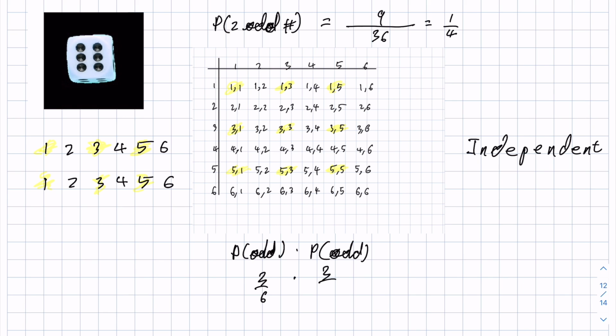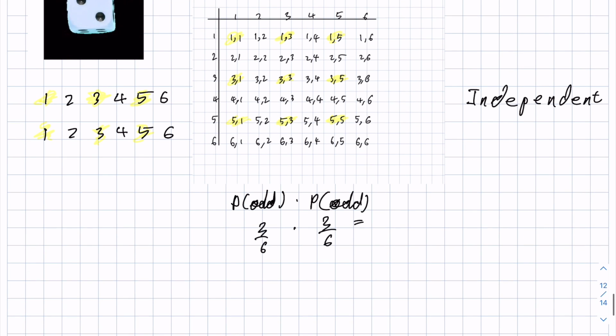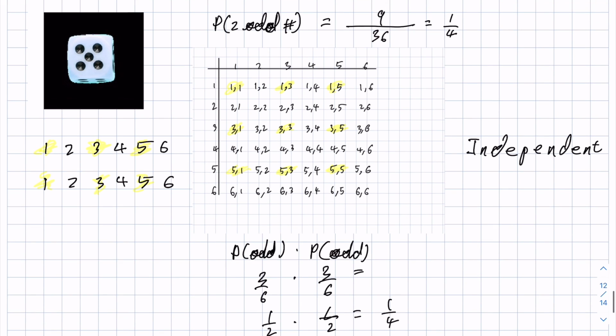So that's also 3 over 6. So 3 over 6 is 1/2, and so that'll be 1/2 times 1/2, which is equal to 1/4. And this is the same number we got from here. Your probability of winning is 1/4, right?